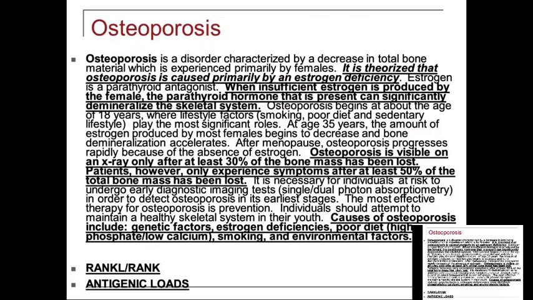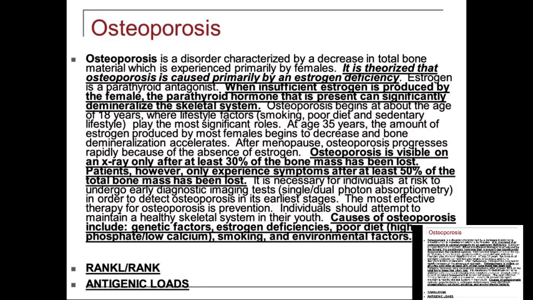Let's talk about osteoporosis just a little bit, and then on the bottom we'll mention antigenic load and the RANK and RANKL system. Osteoporosis is a demineralization of bone, typically seen in inflammatory issues, and it's theorized that it is caused primarily by an estrogen deficiency. Some current research done on mice has shown that it's not just estrogen deficiency, and I agree with that because I have many patients who come in the office in their 70s who don't have osteoporosis.